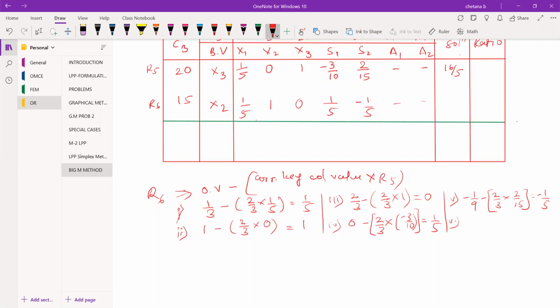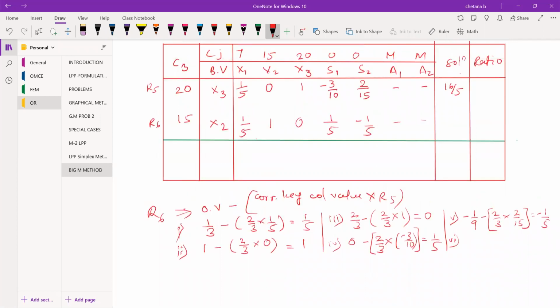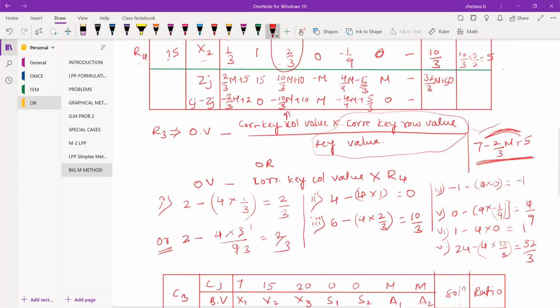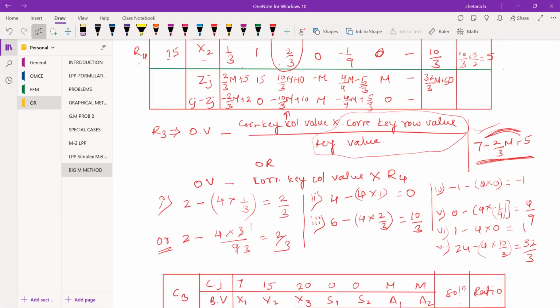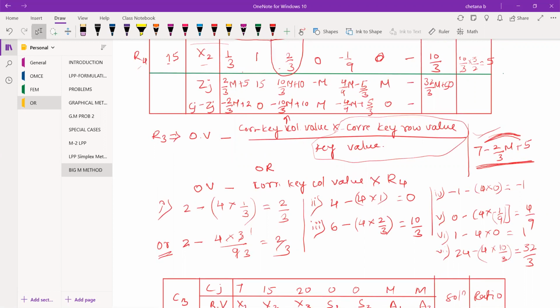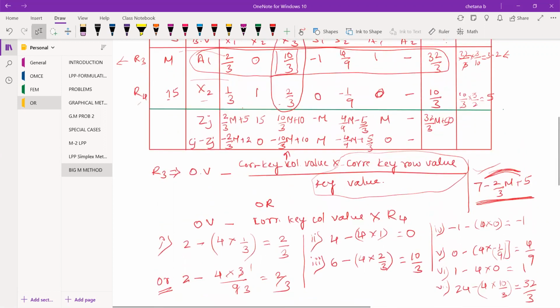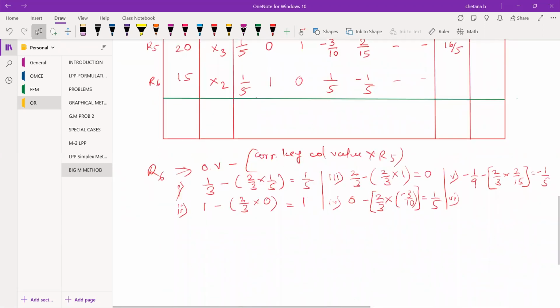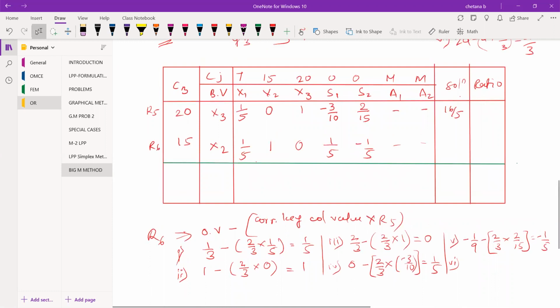Last solution one, old value is, how much is old value? Are you with me? Old value is 10 by 3.